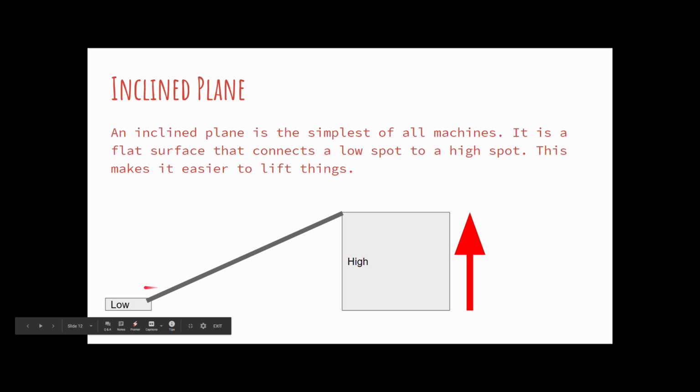And that means that we're going to be pushing this way. And that means that we don't need to lift the entire weight of our object the entire time. Now it does mean that we have to move a lot farther to go all of this distance instead of just like this, but this makes it a lot easier to lift something up.